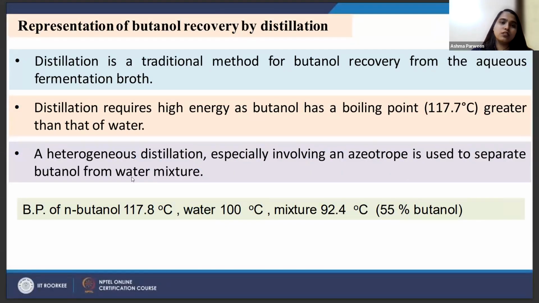Next is butanol recovery by distillation. It is one of the traditional methods for recovery of butanol from aqueous fermentation broth. But high energy is required for boiling the solution, because butanol has a higher boiling point than water. So a lot of energy is required for boiling the solution. Finally, we get the butanol and condense the distillate. After distillation, we get the butanol.